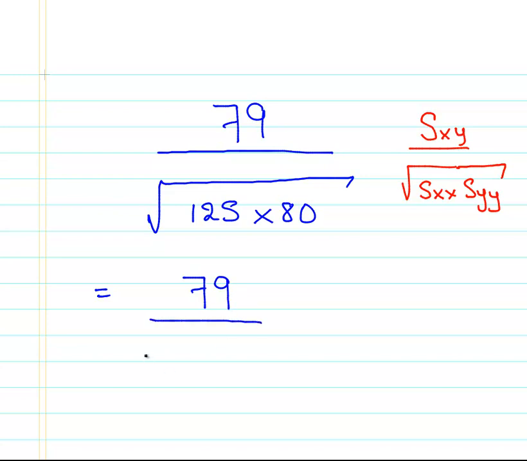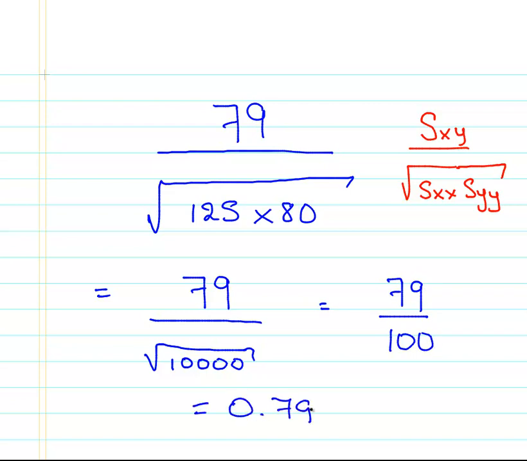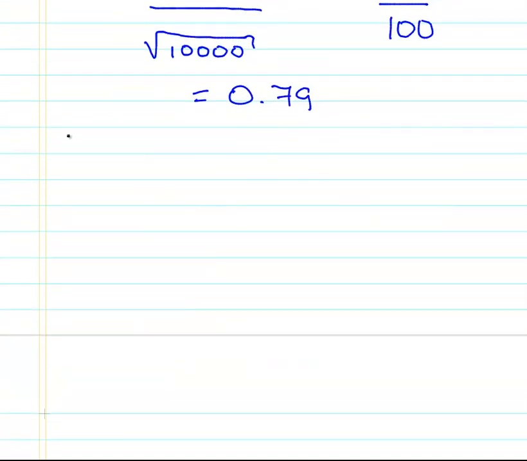This is the square root of 125 times 80. That's actually 10,000, so just be careful with those numbers. The square root of 10,000 is just 100. So 79 over 100 turns out to be a nice simple number, 0.79.